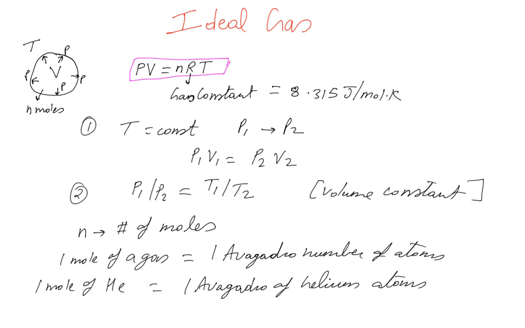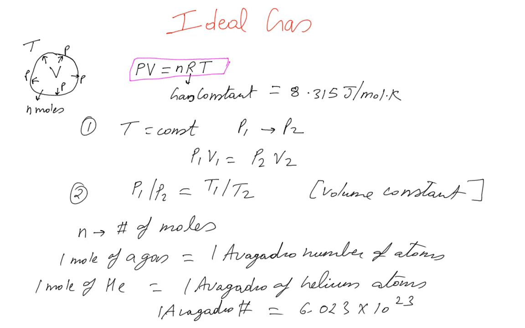And 1 Avogadro number, I think, is like 6.023 multiplied by 10 power 23. So if you have this number of helium atoms, that is 1 mole.